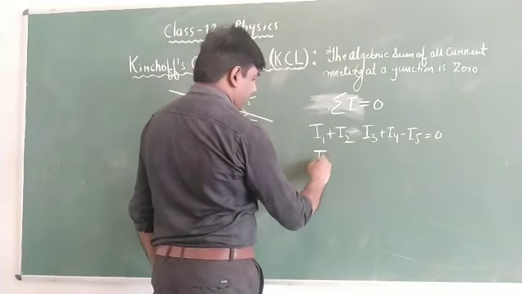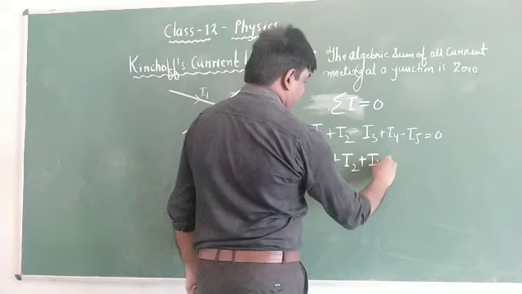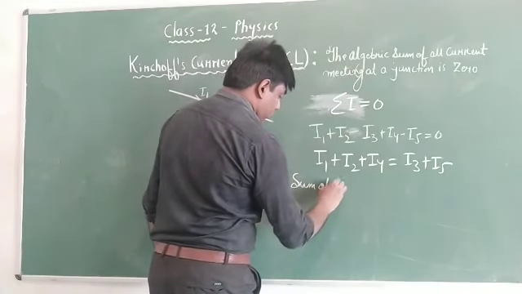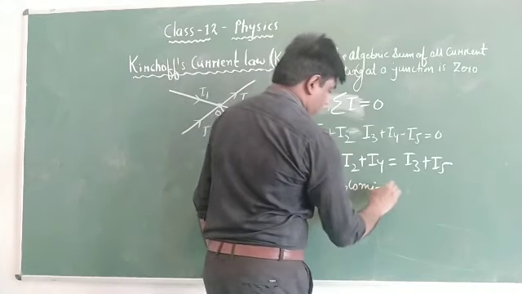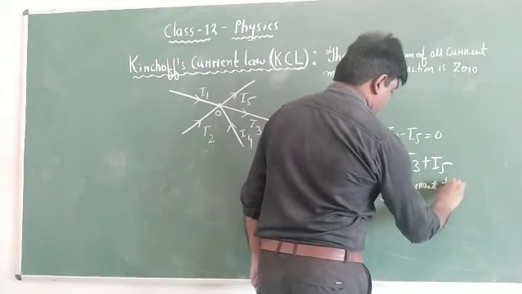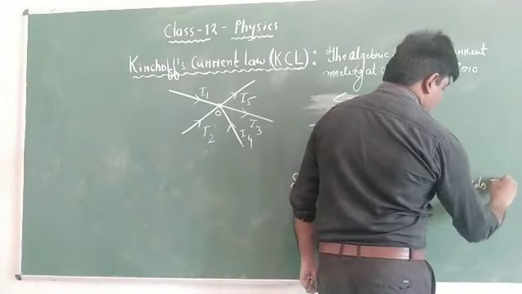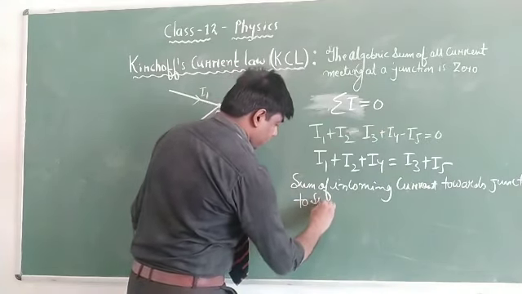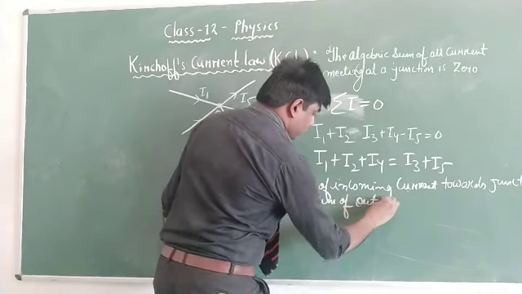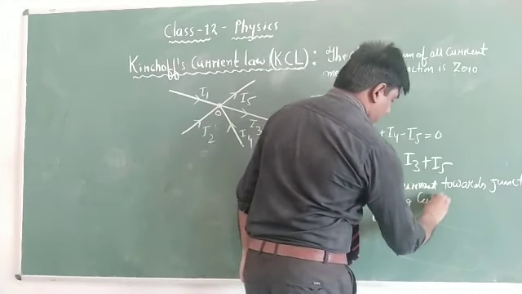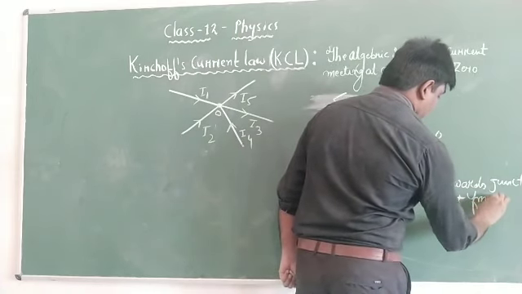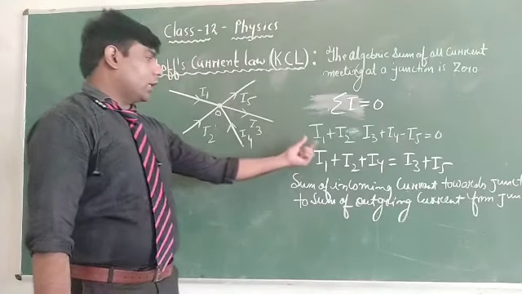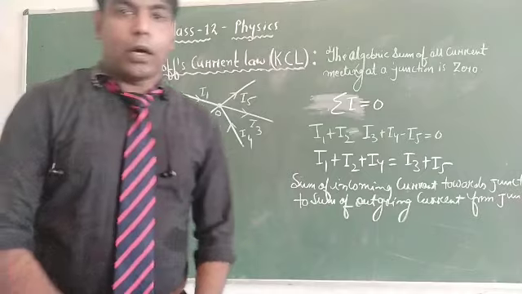That is, we can say the sum of incoming current towards the junction, that is I1 plus I2 plus I4, is equal to the sum of outgoing current from the junction.